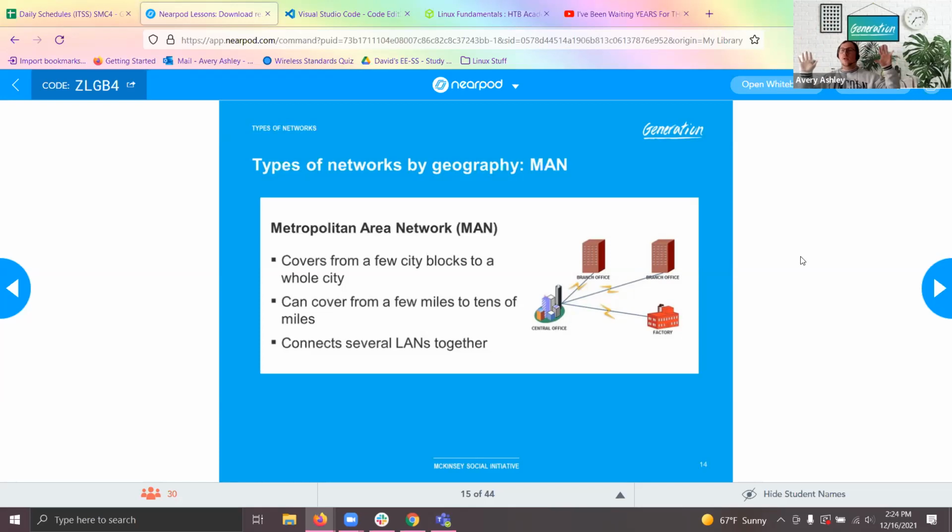It's spread out across the city. You would see this in universities, right? Like the University of South Carolina, it's pretty much spread out all throughout downtown Columbia. It's all over the place, but it's all in the same network. So they're all connected to each other.